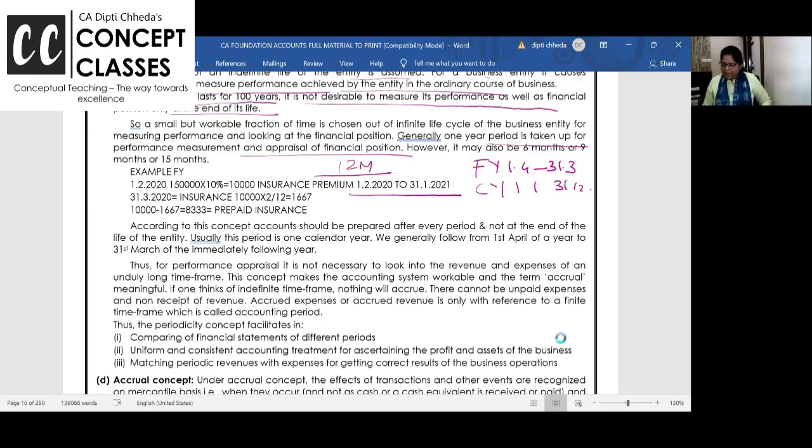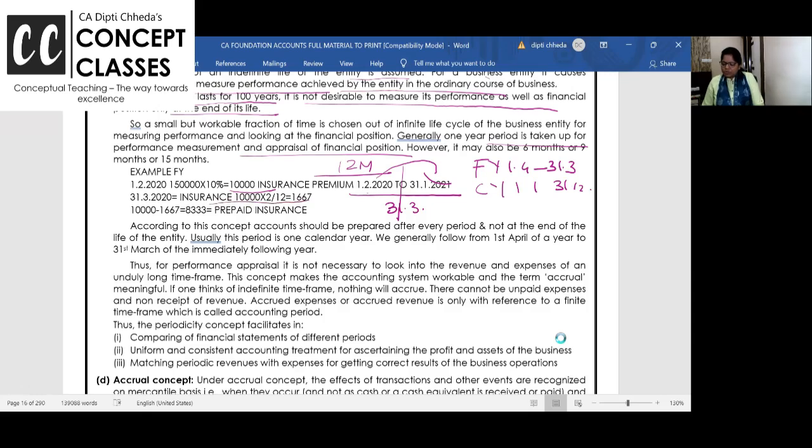You purchased it in February, and in between there is a cutoff, 31st March. You paid in February, 1,50,000 is the value of your bike, into 10%, 10,000 premium. So insurance premium debit to bank. That's the journal entry. If you put 10,000 rupees as expense in February, it is wrong, because this benefit is going on from February to next January.